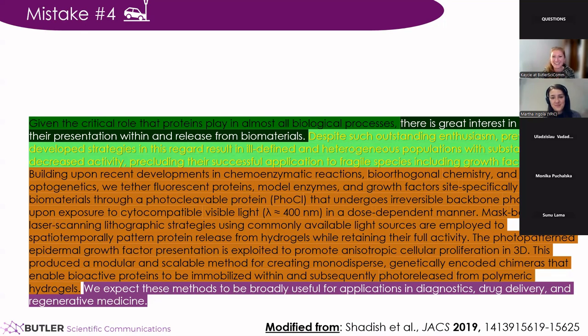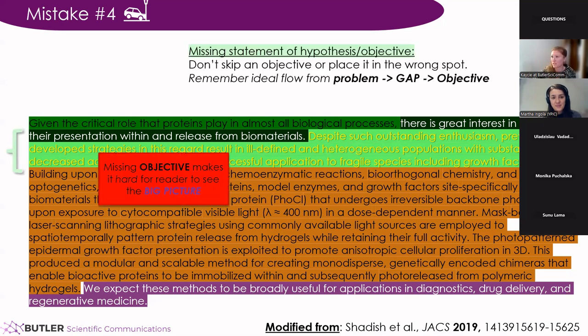Gap and goal are mixed. Yes, basically. And it's mostly here we're missing this objective statement. Now, this objective statement is going to show the reader what your purpose here was in this research. It's going to help them see the big picture of your project.